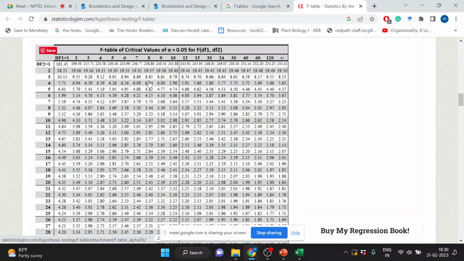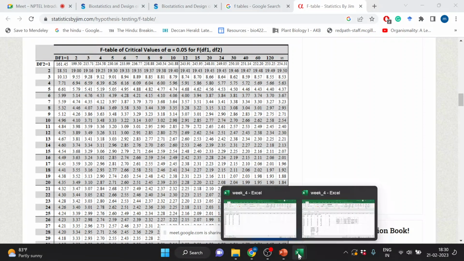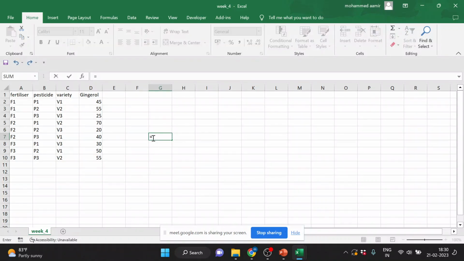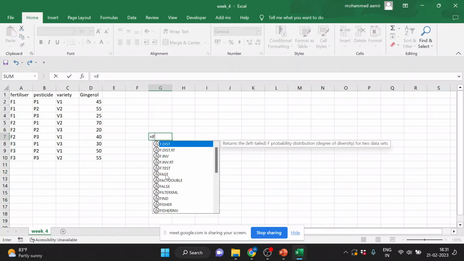Actually, we can use Excel. I thought you weren't allowed to use Excel. That's how I got it from Excel. This is for finding F critical. The p-value is different. F inverse, I think.